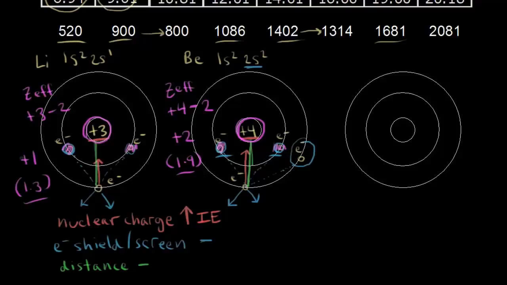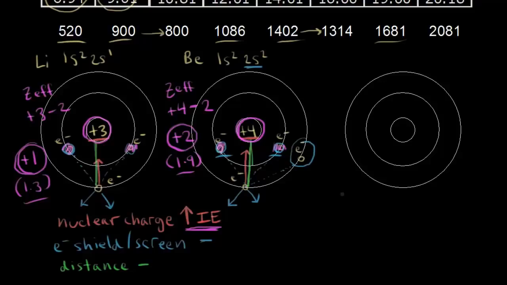And so we can see that we have an increased effective nuclear charge from +1 to +2. So as you move across a period, you're going to have an increase in the effective nuclear charge. And that's the reason that's given for the trend of an increase in ionization energy as you move across the period on the periodic table.